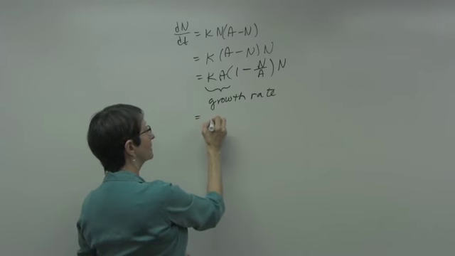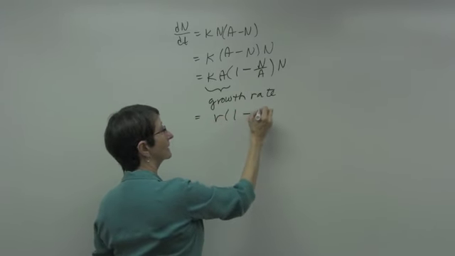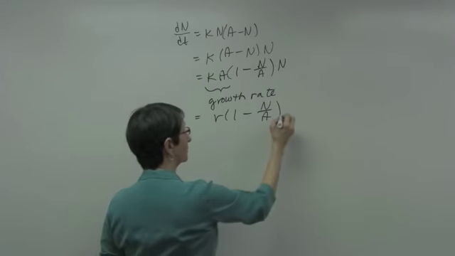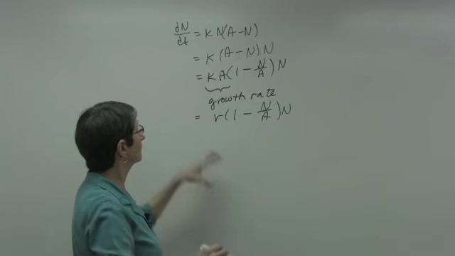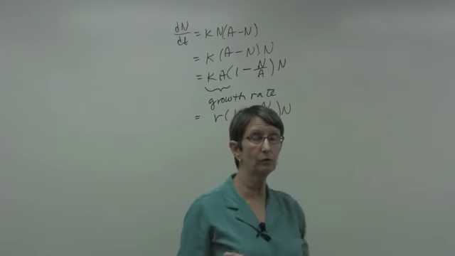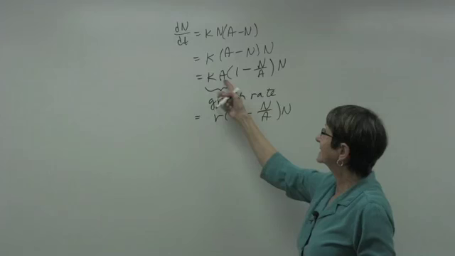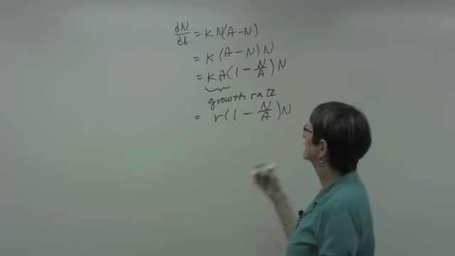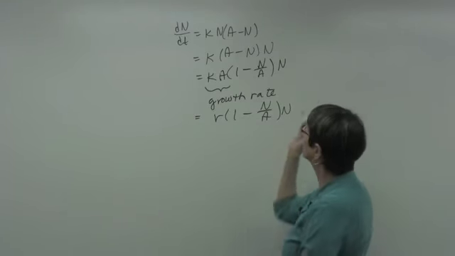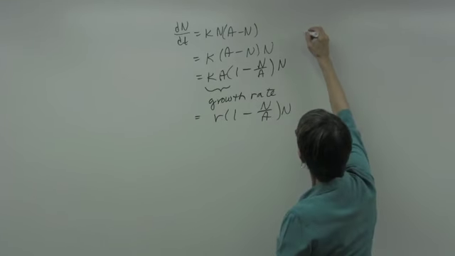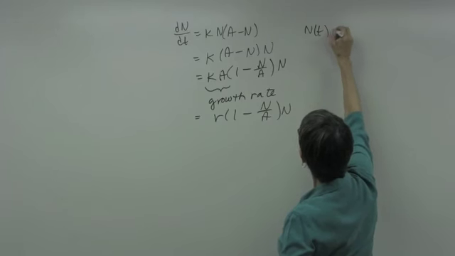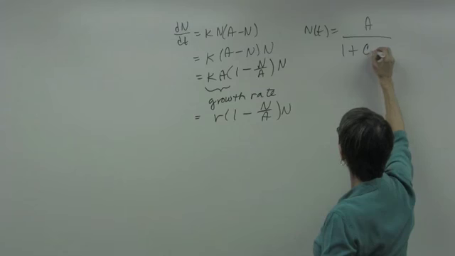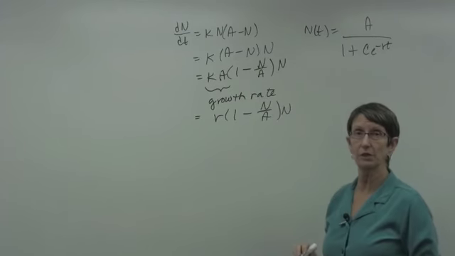So this differential equation is the same as R times 1 minus N over A, and remember, A is the constant, the limiting value, times N. And so from this, I have another formula that I can work with that uses R instead of the A times K that is such an issue when you're trying to find K. So N of T, the result, is equal to A over 1 plus C E to the negative RT.